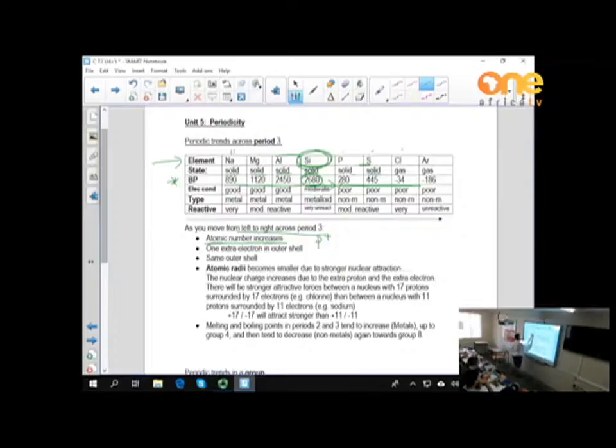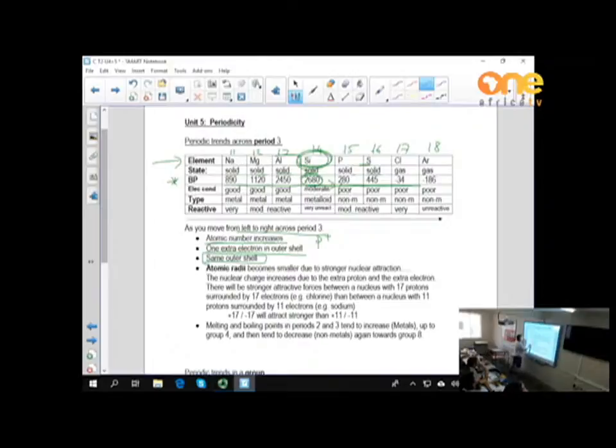Sodium has an atomic number of 11, magnesium is 12, aluminium 13, 14, 15, 16, 17, and 18. So what happens to the nuclear charge as we go from left to right? It's increasing. Okay. Now, we also have one extra electron in that outer shell. So the negative charge is also increasing. All right? It's in the same outer shell. In other words, it's got 3 shells. We're busy with period 3.